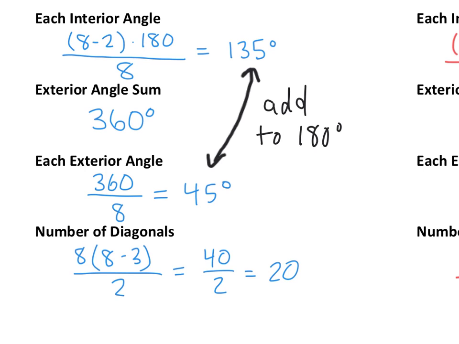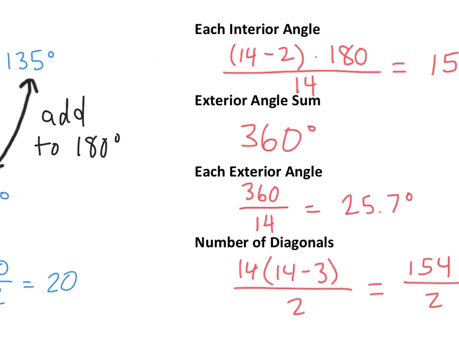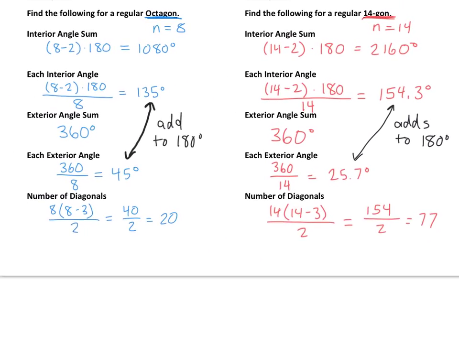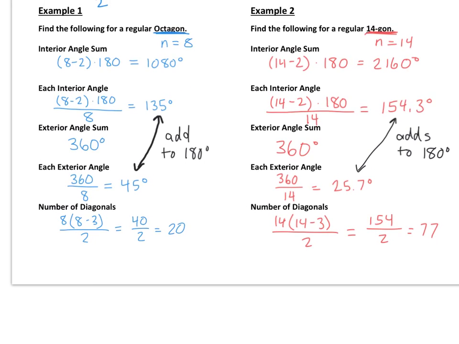And you can see that occur in the 14-gon as well. 154.3 plus 25.7 adds to 180 degrees. So interior angles and exterior angles within the same polygon are always supplementary.